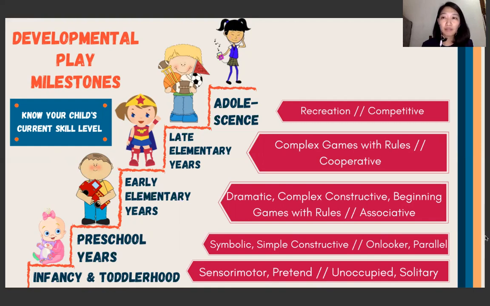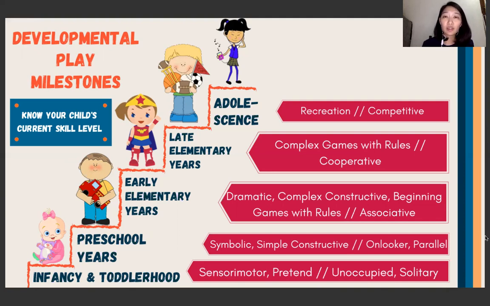Some of them may be, chronologically or age-wise, at the late elementary years, 9 to 11 years old, but skills-wise, they are performing at a lower stage level. They may be at the early elementary years stage. Thus, we need to facilitate those gaps so that he can progress to the next level.